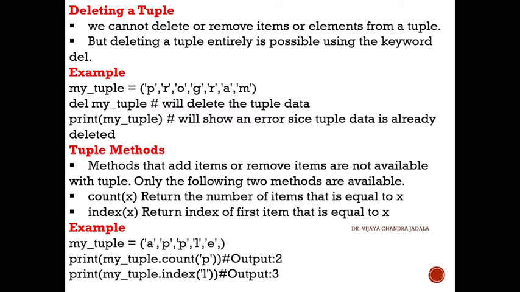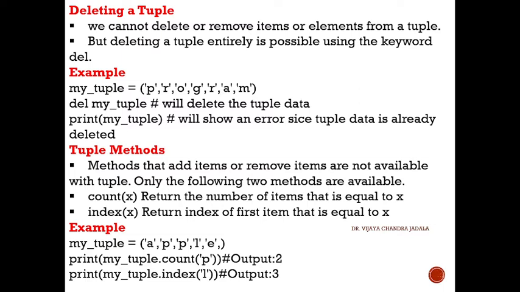Tuple methods that add or remove items are not available with tuples. Only the following two methods are available. Count of x returns the number of items that are equal to x. Index of x returns the index of the first item that is equal to x. my_tuple equals a b apple.